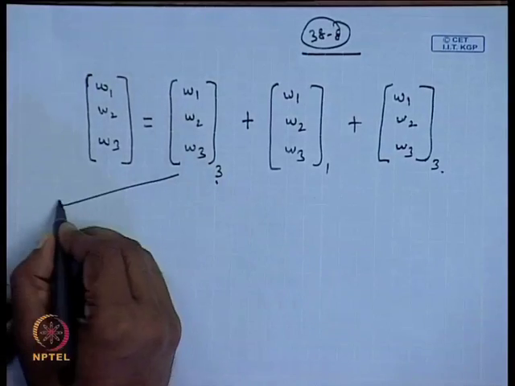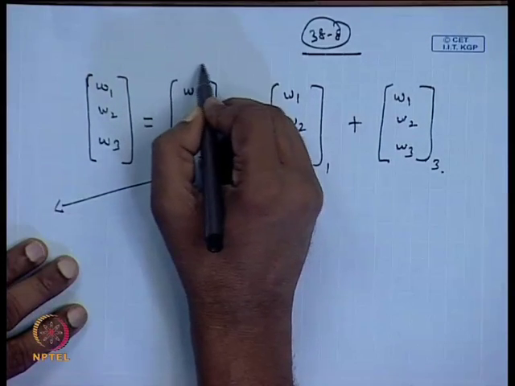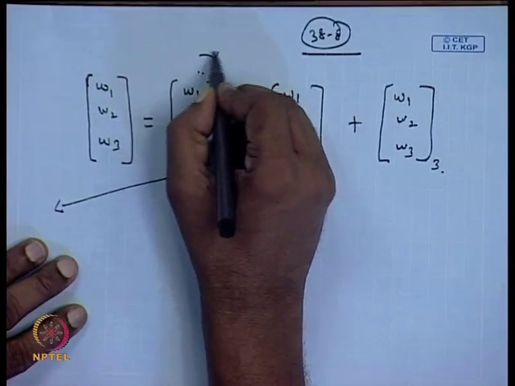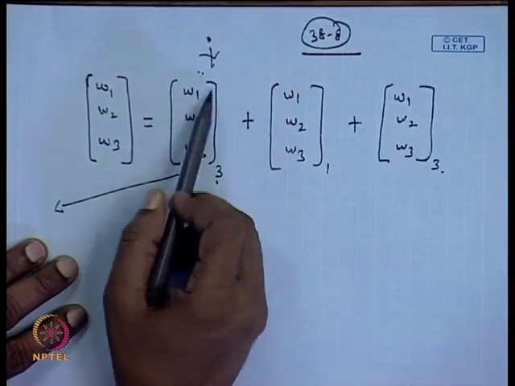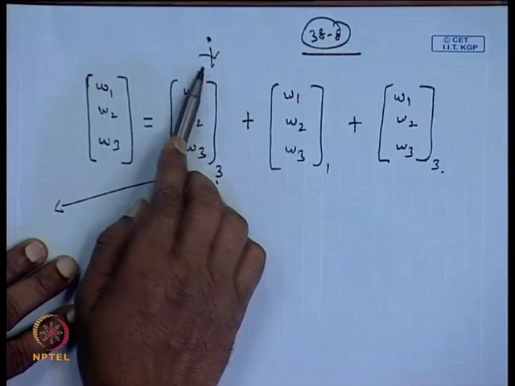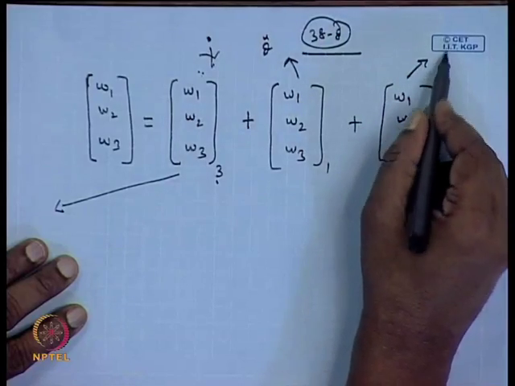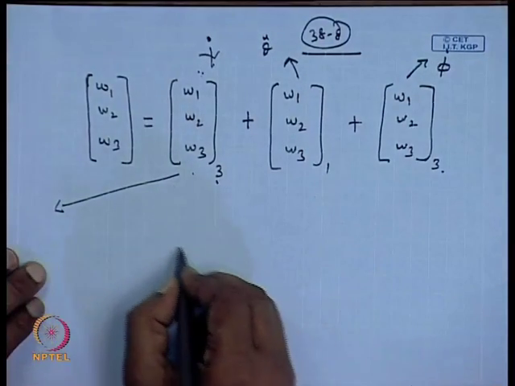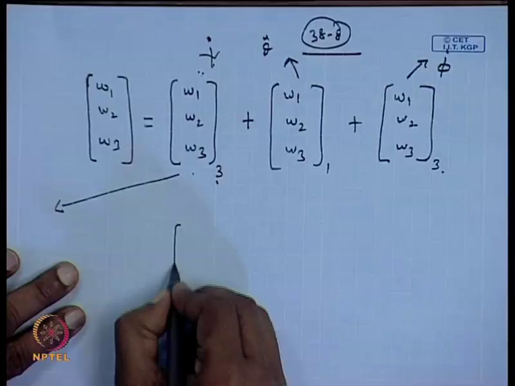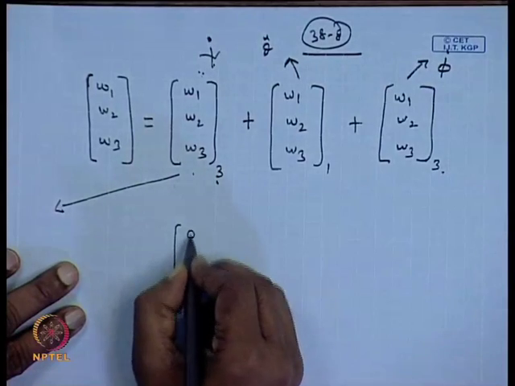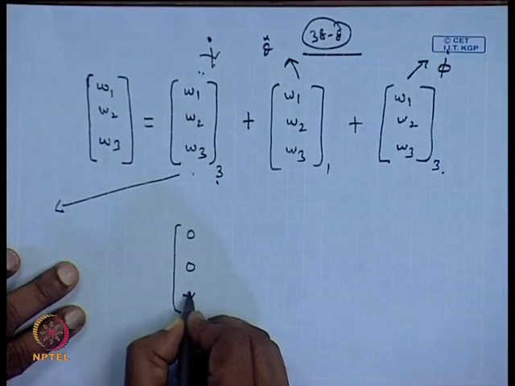Okay, so this rotation is for psi. You are converting this for the psi dot, this for the theta dot and this for the phi dot. So this we will take up, and this will be shown by 0 0 psi dot.